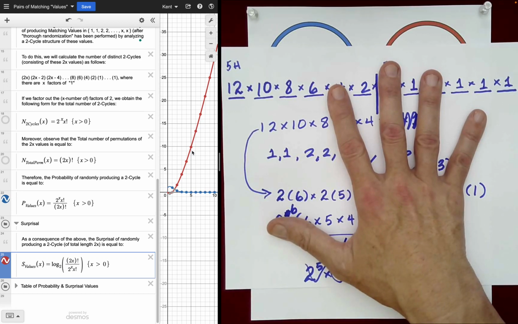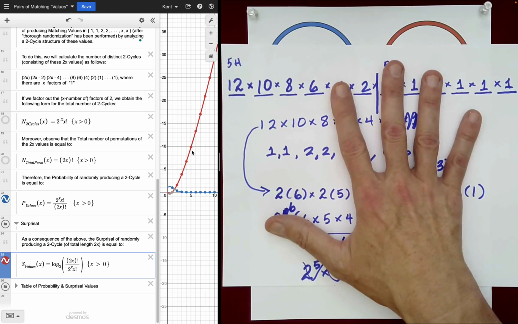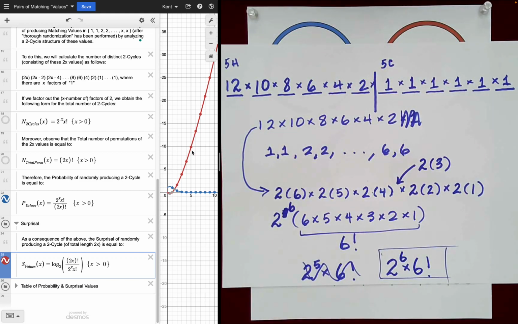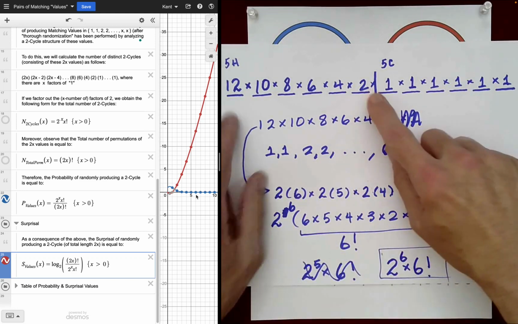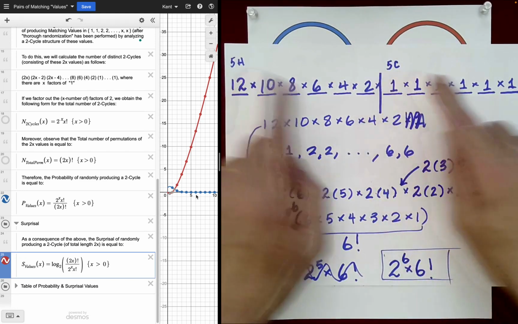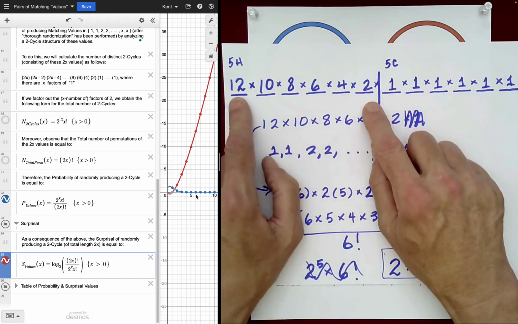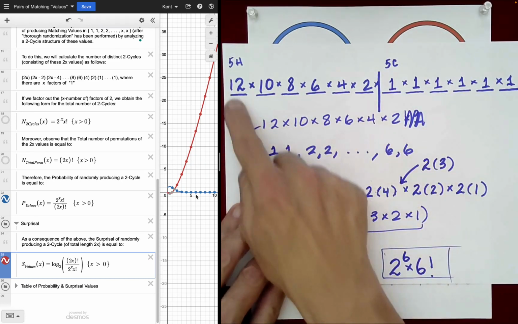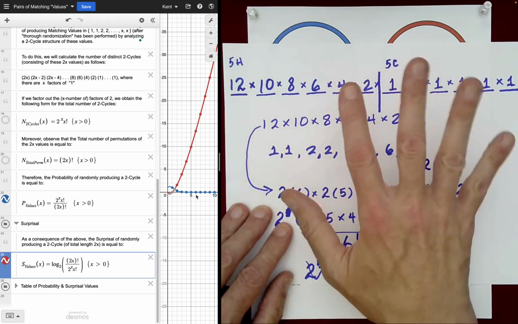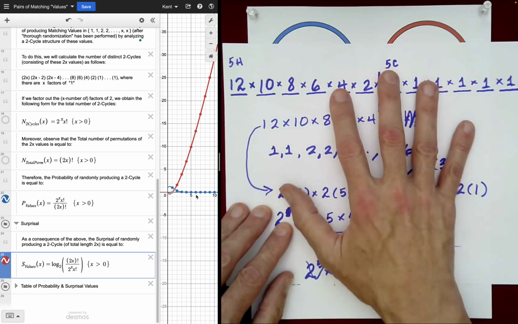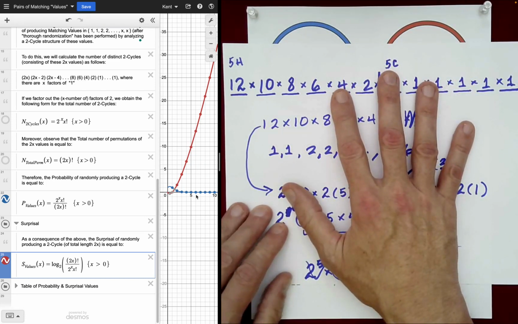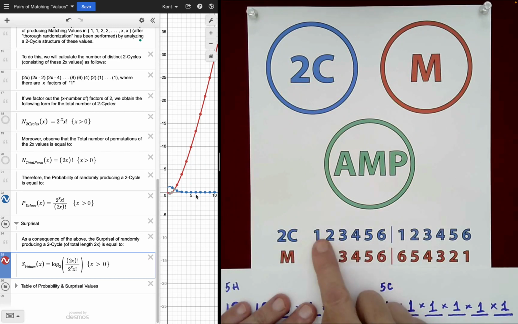Well, the surprisal in doing that by chance alone, our value then would be 6 for x. Remember, x is always half the length of the entire sequence. We also call that the cycle length. So here the 2-cycle that we've been using has cycle length 6.